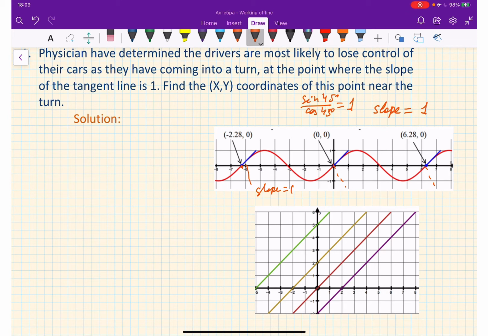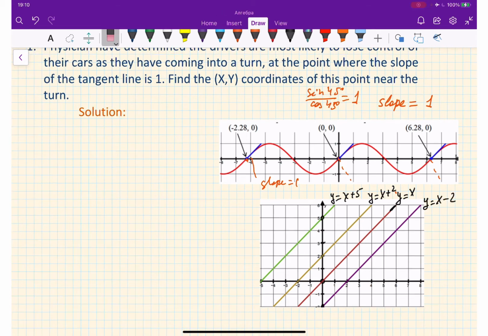This one, we get y equals x, right? Because it's going through 0 and going under 45 degrees. This one is y equals x plus 2 here. This one is y equals x plus 5. And this one is y equals x minus 2.